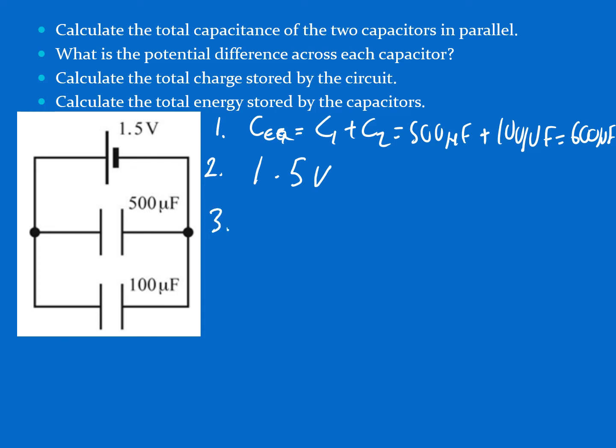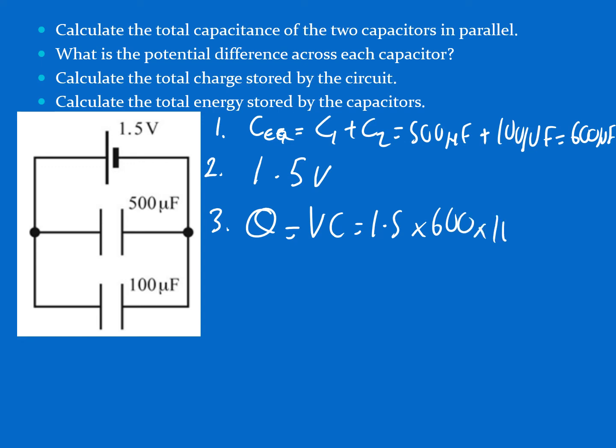The third part, calculate the total charge. So we've got the equivalent capacitance, and we know the potential difference. So Q is equal to V times C. V is 1.5, and we've got a value for the capacitance, which is 600 microfarads.